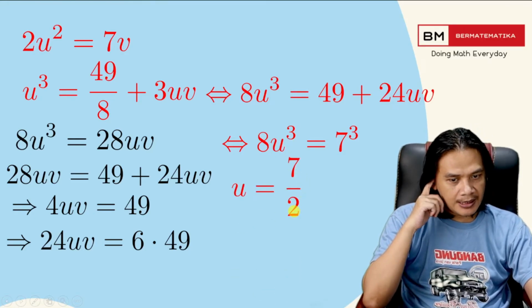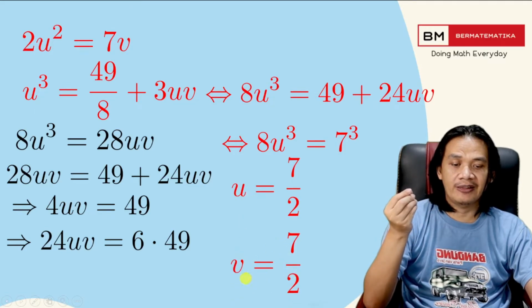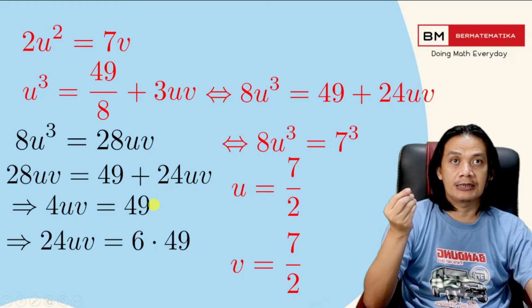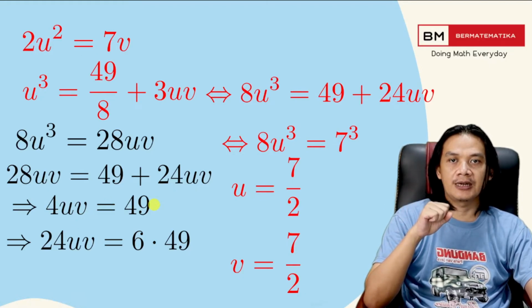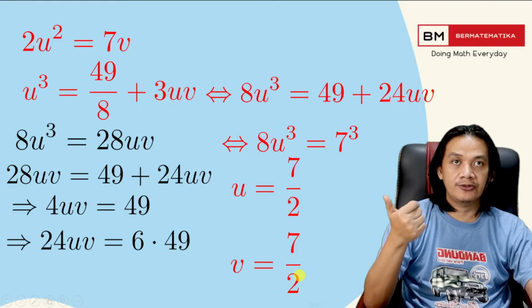Okay. Now substituting this u into this equation, we obtain v equal to 7 over 2. We can easily verify that this is correct by noticing that u times v is going to be 49 over 4, multiplied by 4 is indeed equal to 49. So we have u equal to 7 over 2, v equal to 7 over 2, and w is equal to 1.